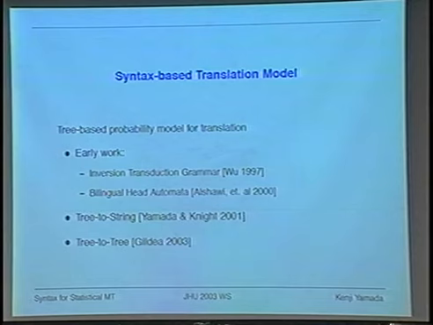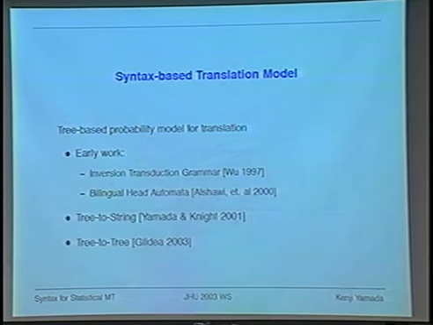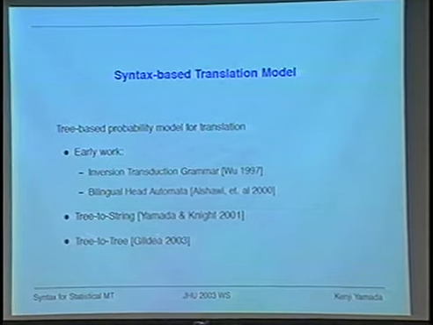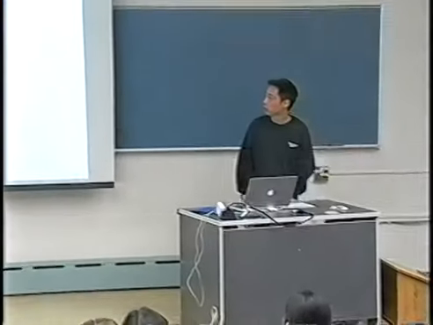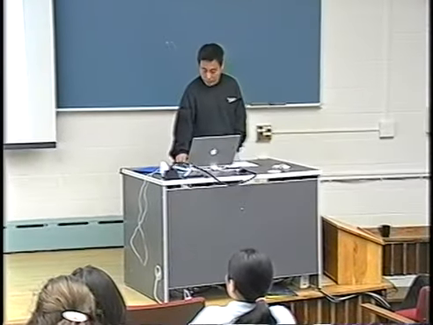And the syntax-based translation model itself has been studied for quite a period. Other work includes inversion transduction grammar or the Wu model. And in this workshop, we use two translation models, which are tree-to-string and tree-to-tree.